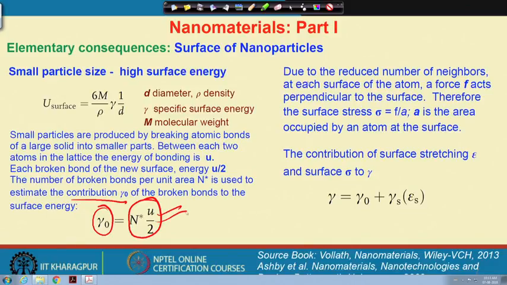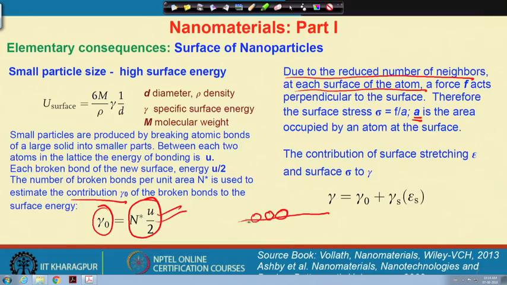Yes, due to the reduced number of neighbors, each surface atom gives a force on the individual particle. It is like stretching a rubber, with a force acting on the surface, and please try to think that this is not at all a hydrostatic stress I am talking about. It is only related with the surface.